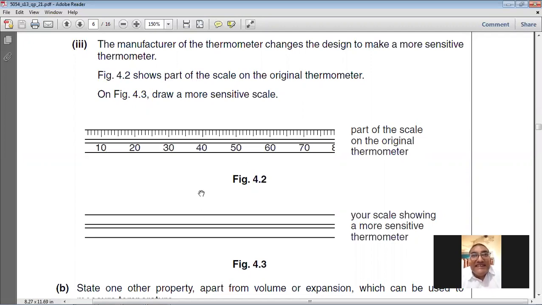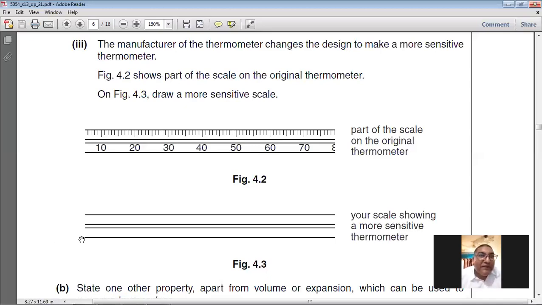So in the same length, they have shown 10, 20, 30, 40, 50, 60, 70, something like 75 reading. So when you make a more sensitive thermometer, in the same length of the thermometer, the range should be less than 75.